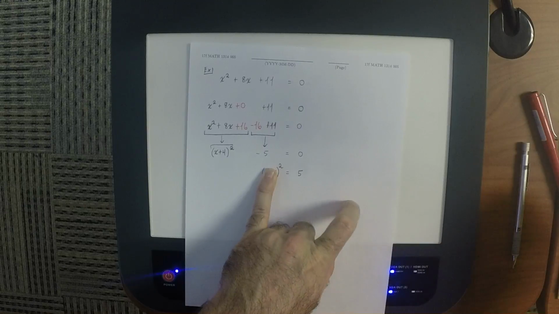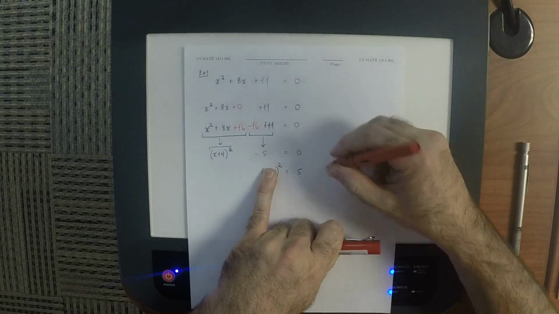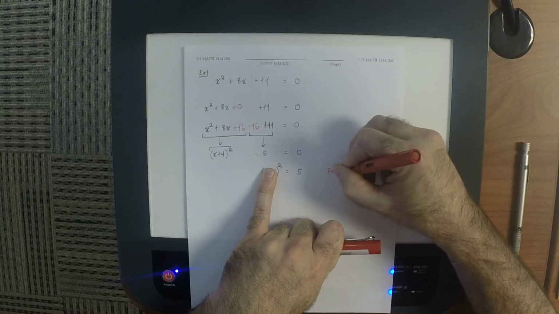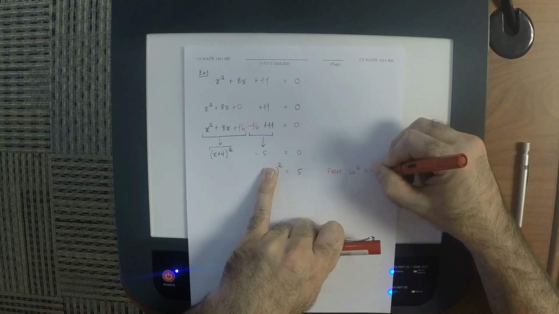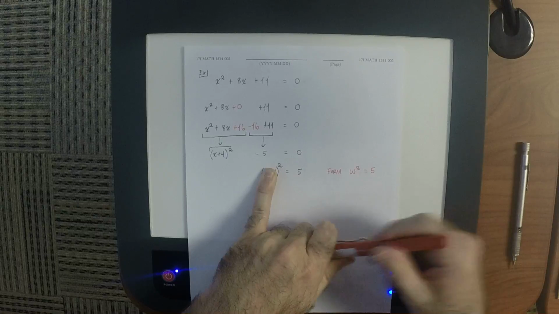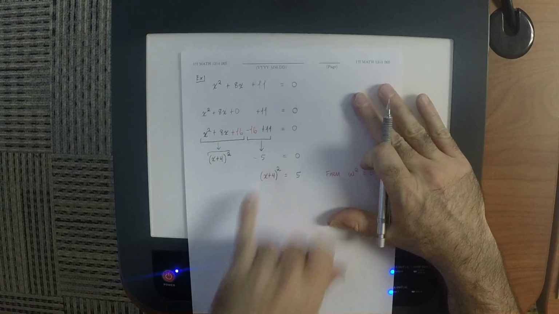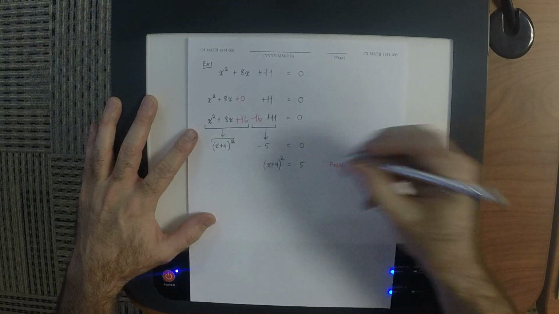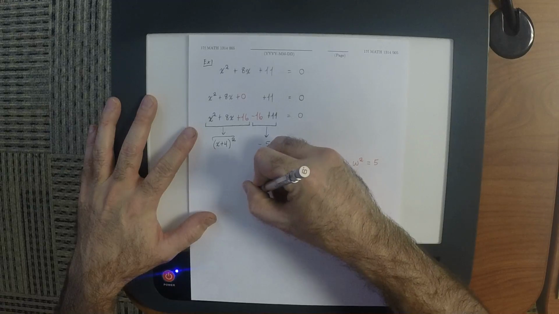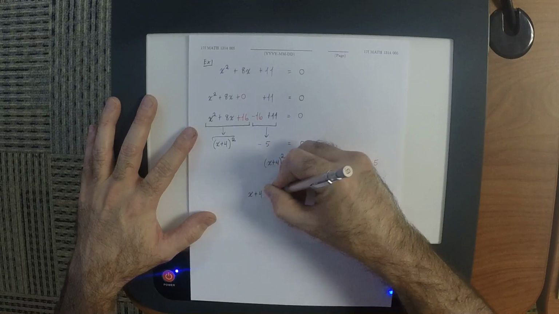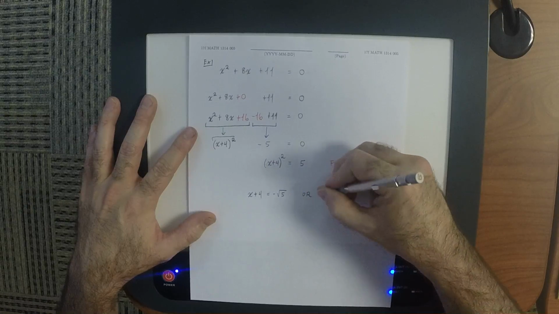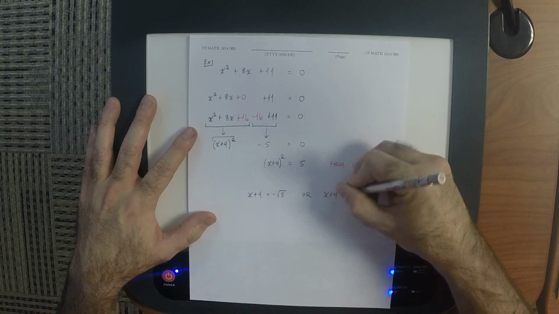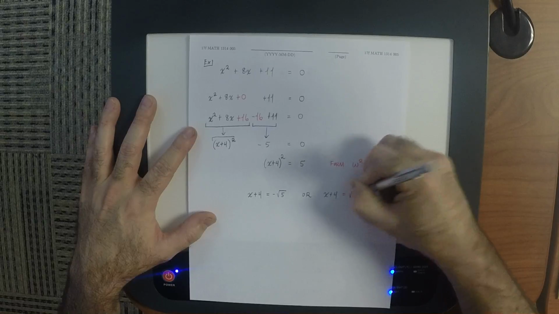One or the other. So this is of the form w squared equal to 5. But what's actually in there is an x plus 4, and that makes no difference. So the possibilities are that x plus 4 is negative square root of 5, or x plus 4 is the square root of 5.